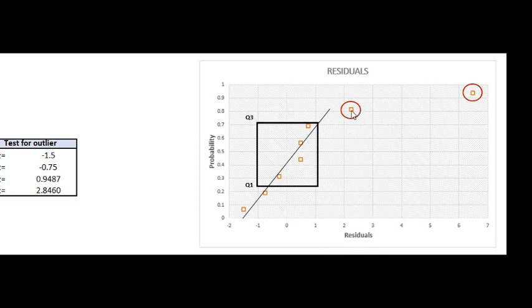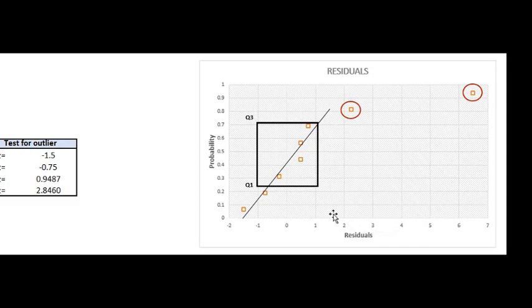We have these two numbers that are very far away from the rest of the residuals that we plotted, but also these two numbers outside of our square.